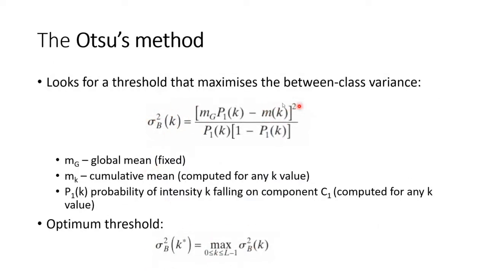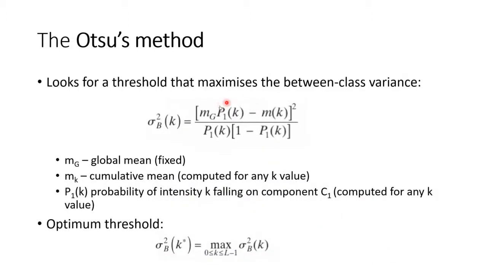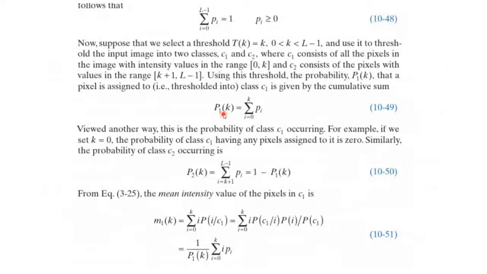So at every step, this is fixed, and you have to calculate that. That's just the accumulation of the intensity values as you are moving along the histogram. And you also calculate this probability, which is nothing more than this, right?